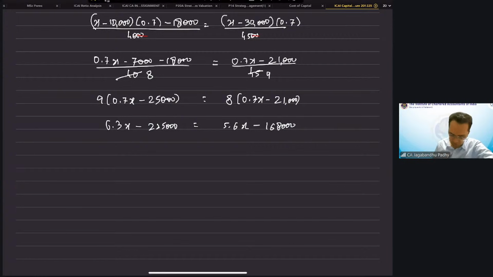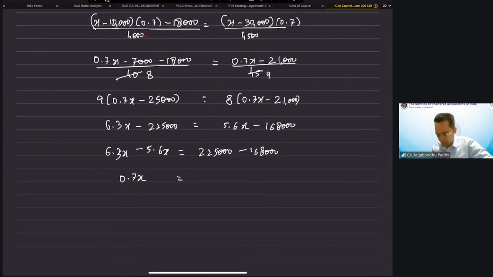Let's bring x on one side. So we have 6.3x minus 5.6x is equal to 2,25,000 minus 1,68,000. So 6.3 minus 5.6, that's 0.7x is equal to 2,25,000 minus 1,68,000. That will be 32 plus 25, which is 57,000.